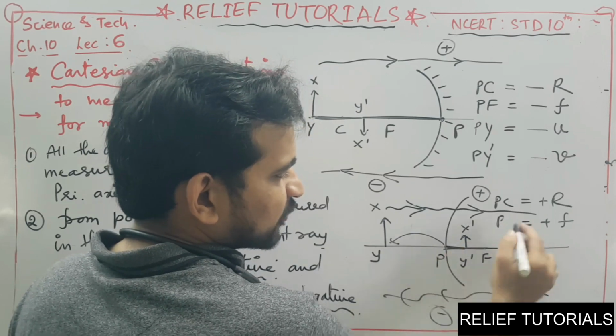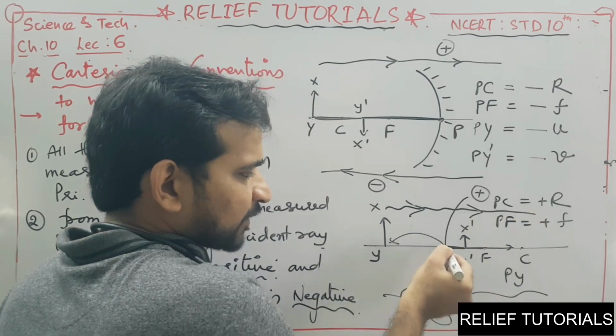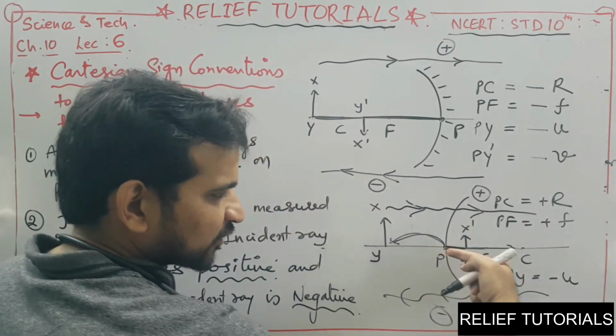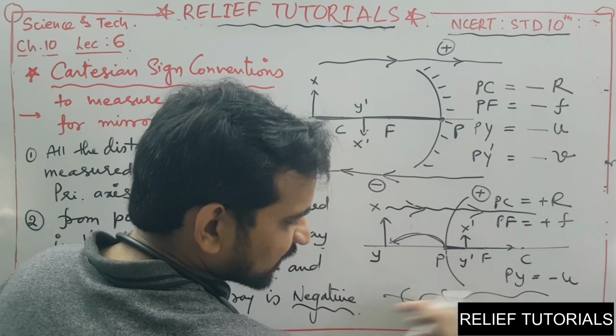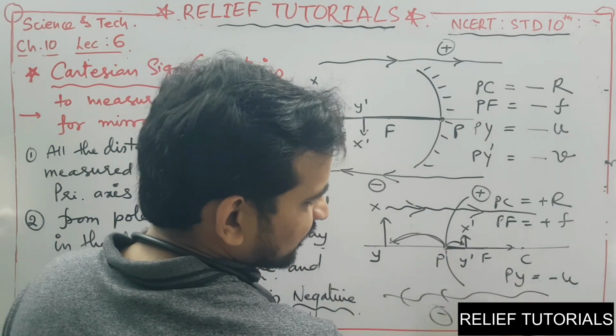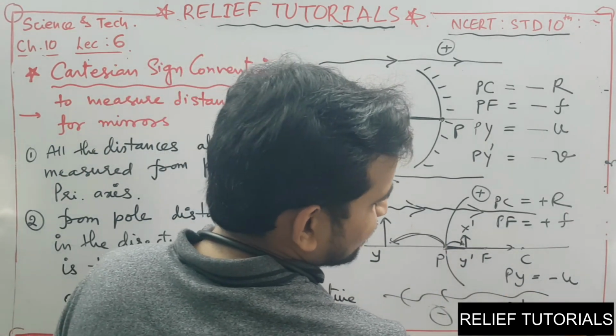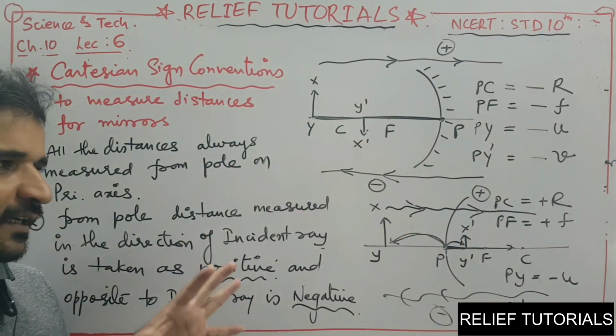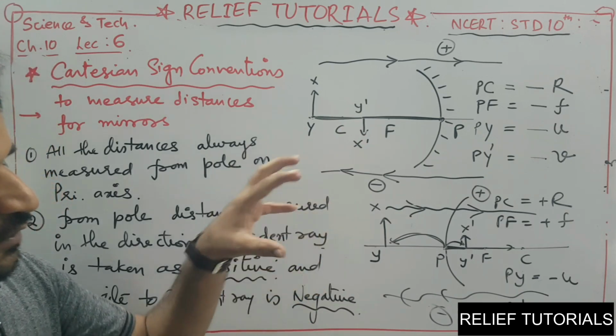Here focal length P to F. PY means object distance, and that should be negative because it is going like this opposite to incident ray, and PY dash, it is going again in the positive side, so it is plus V. So in this way we can allot the signs to the distances.